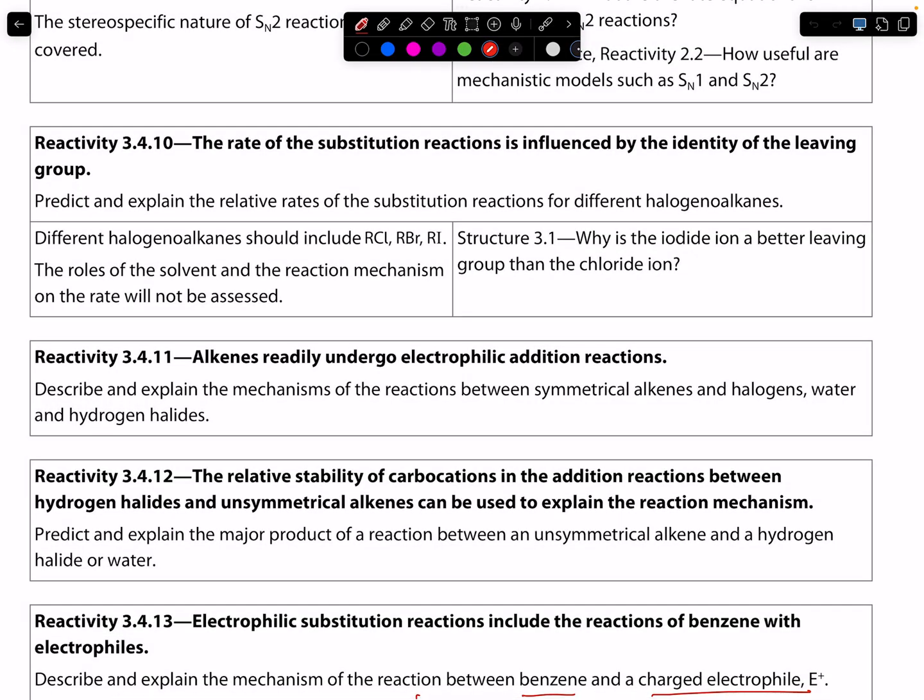So what is tested is, you need to be able to describe and explain the mechanisms for symmetrical alkenes, which I already mentioned to you guys, for halogen, steam, and hydrogen halide. You all know why I call it steam? Because if you check the temperature for addition of water, it is at 300 degrees Celsius, so that water will turn into steam by then.